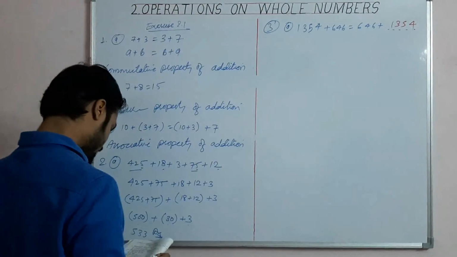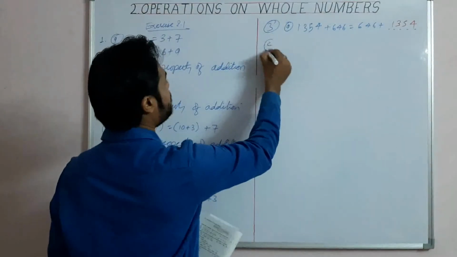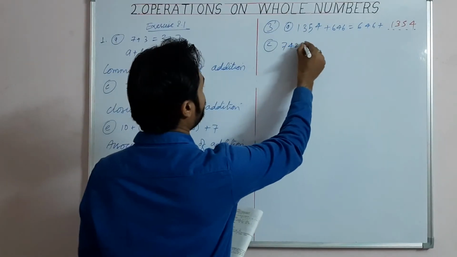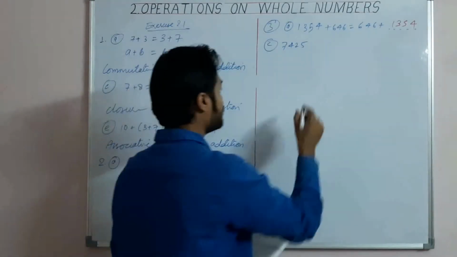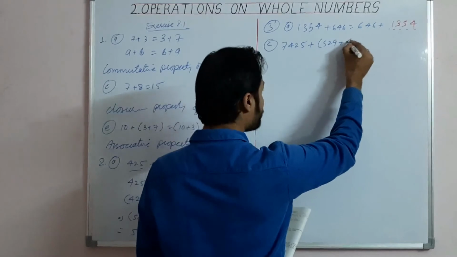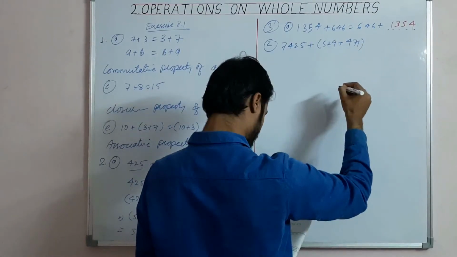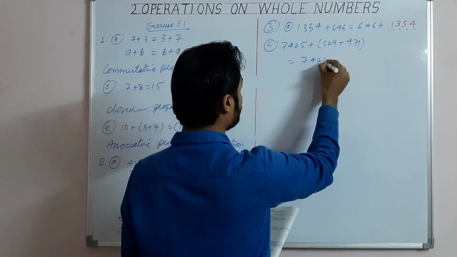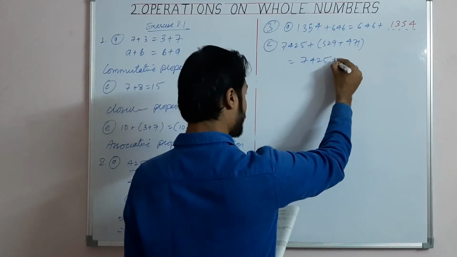Again, let us take another problem. Say C. 7425 plus, in bracket, 529 plus 471 is equal to 7425 plus.